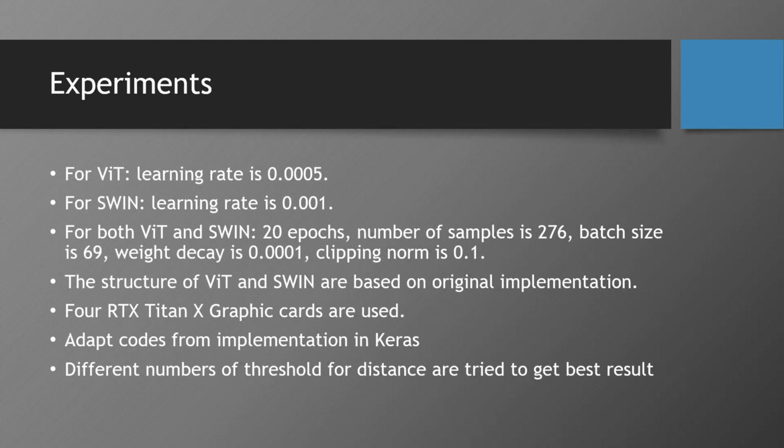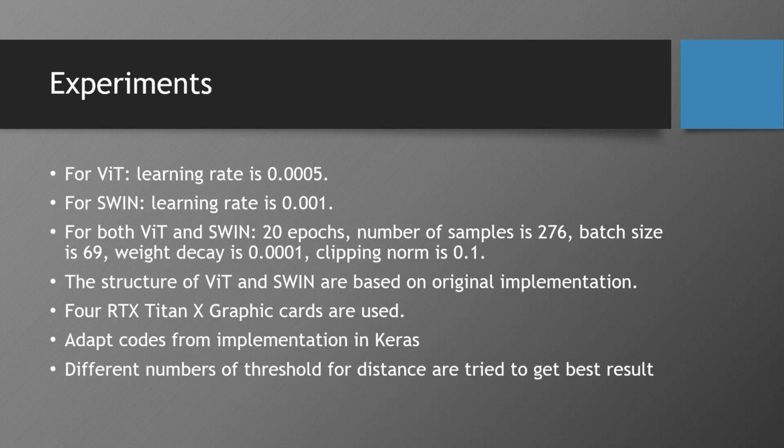After we get the Euclidean distance, we cannot directly use it, because we want to know if it's a genuine pair or a genuine forged pair. So we need a threshold to decide. If the distance is smaller than or equal to the threshold, we consider it a genuine pair.